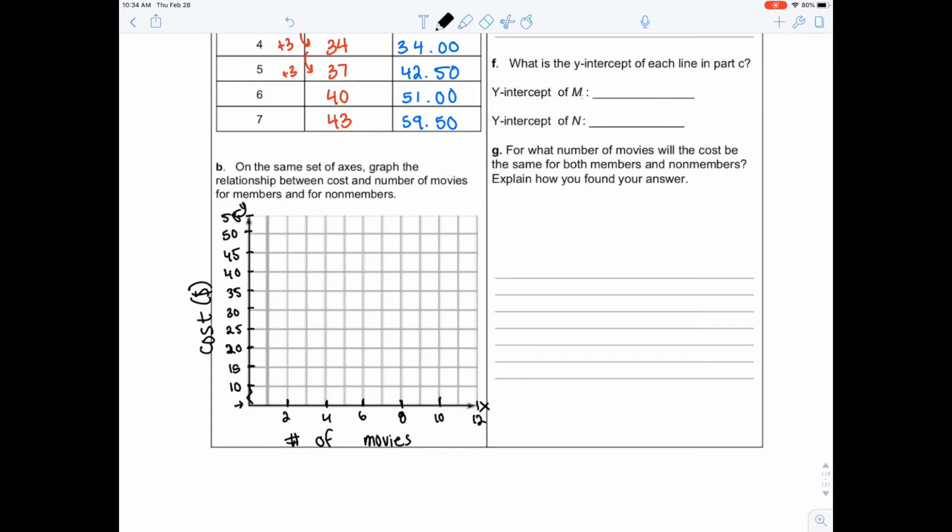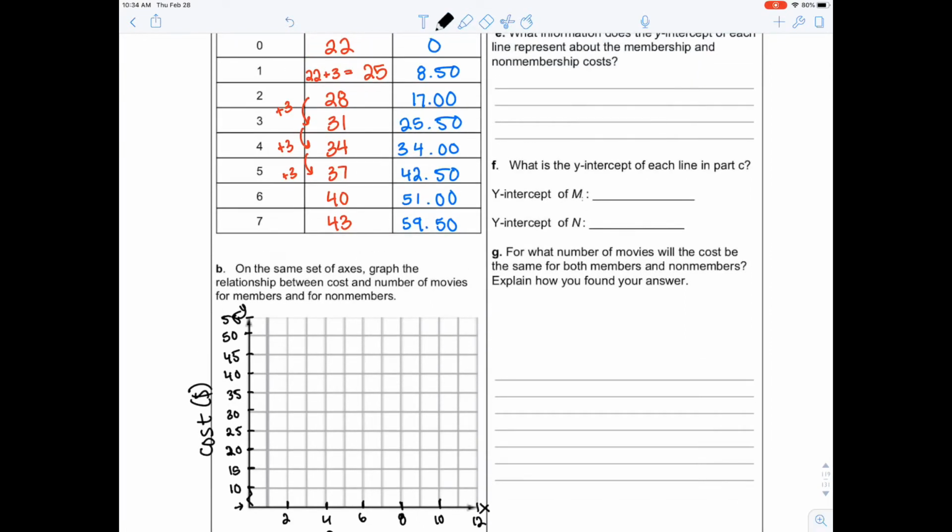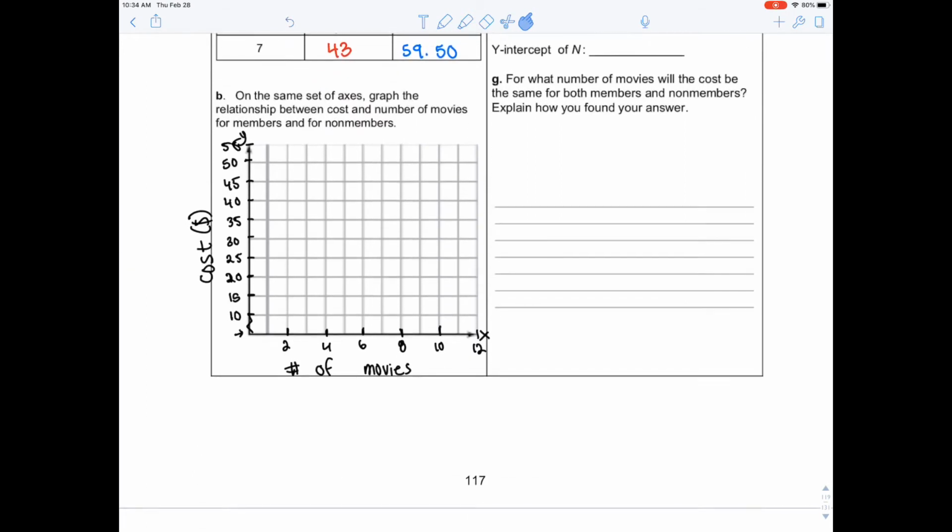Okay. All right. So let's go ahead and start graphing these. I'm going to use my 2 colors. So I'm going to start with my memberships. My members start at $22. So 0, 22. That's going to be somewhere right there.